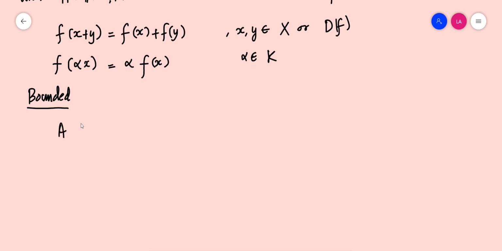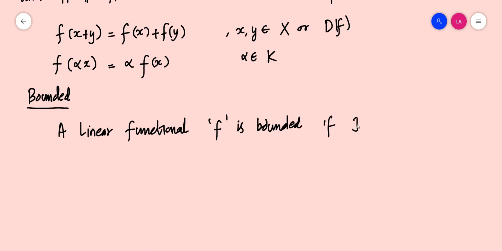So a linear functional f is bounded if there exists a c greater than 0 such that modulus of f(x) is less than or equal to c times norm x, because x is defined on the vector space X and f(x) is defined on the scalar field.